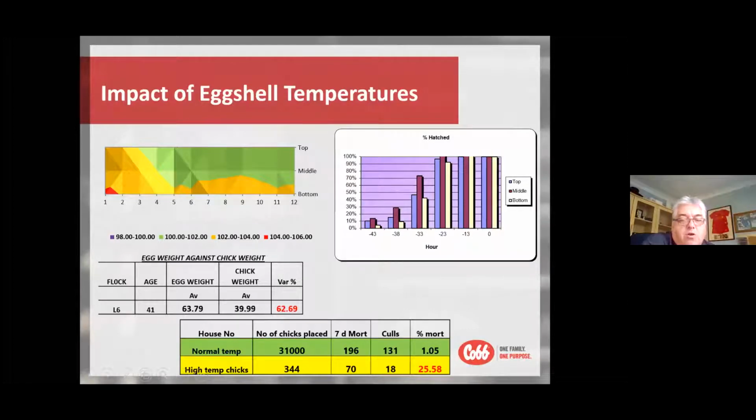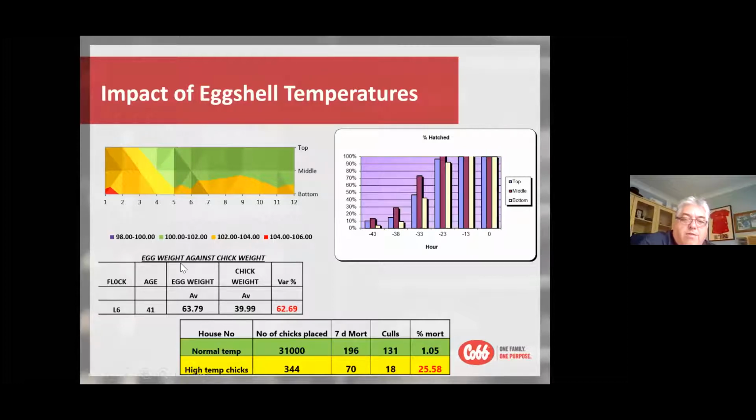For the others, 7-day mortality was 25%. That's very extreme, but if you added these two together, including the normal ones, the mortality would have been 1.1%. You wouldn't even recognize there was a problem.